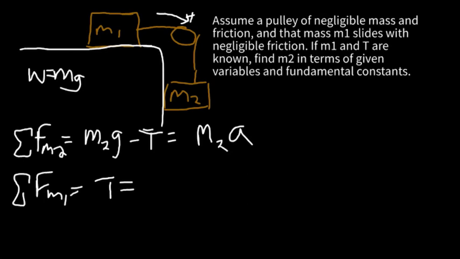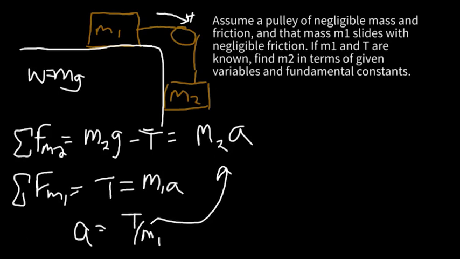So F equals ma, tension equals m1a. We can say then that acceleration equals tension over m1. And then we substitute in that here to get m2 times tension over m1. So now I'm going to multiply both sides of the equation by m1.